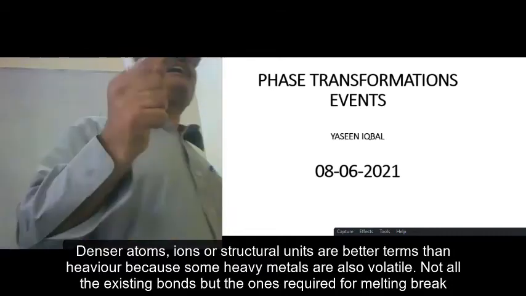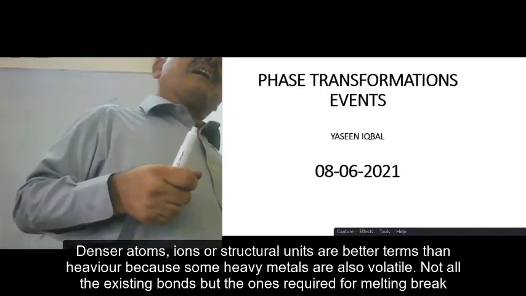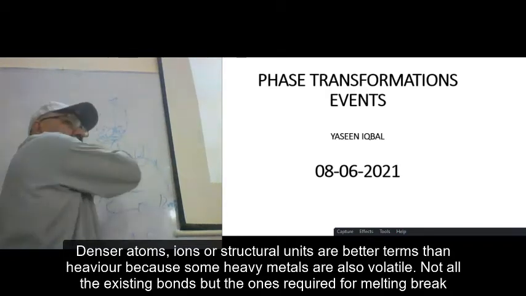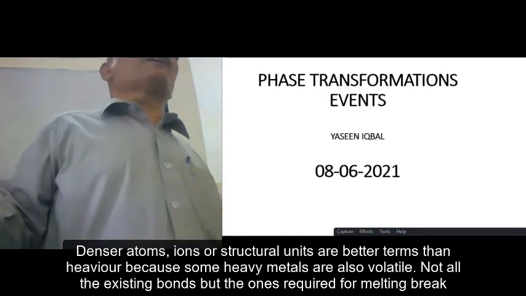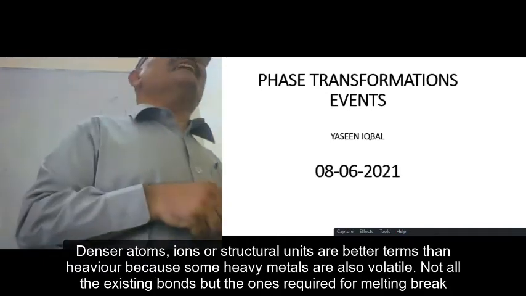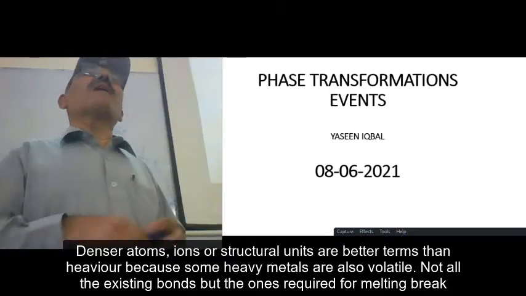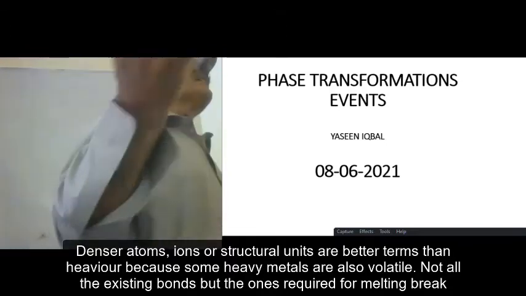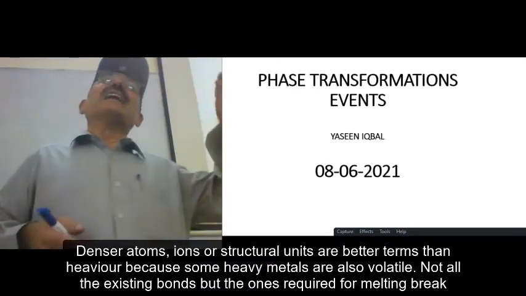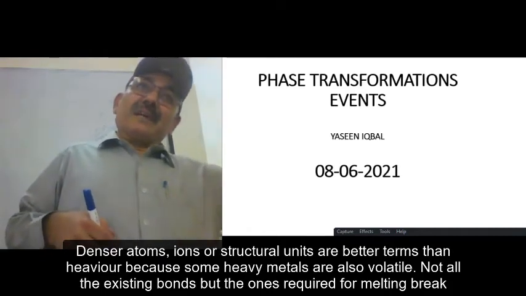And people keep a furnace at 400 from the night they started melting their glass. And when they take out the material from here, they quickly transfer it to the furnace at 400 degrees centigrade. And that temperature is called the annealing temperature. And annealing temperature is basically for stress relief. It is neither forming a phase nor crystallizing a phase, but it just relieves the material of the stresses, right?